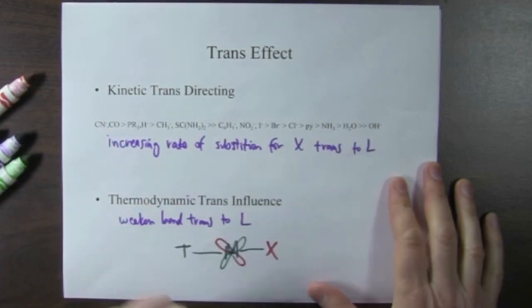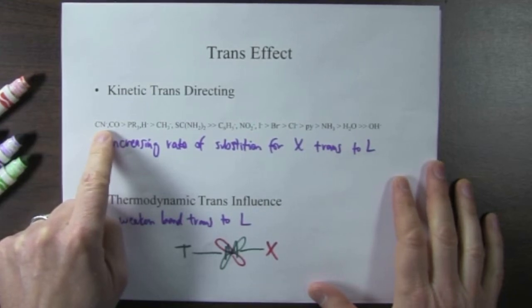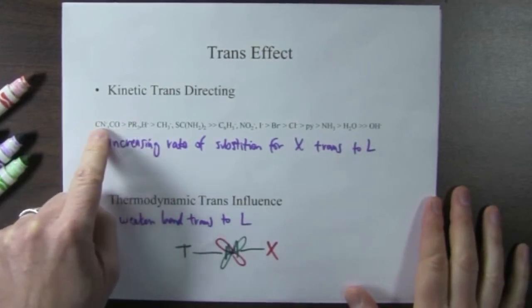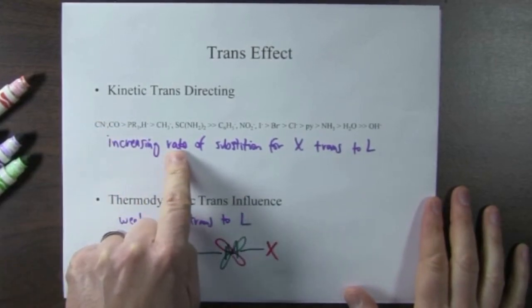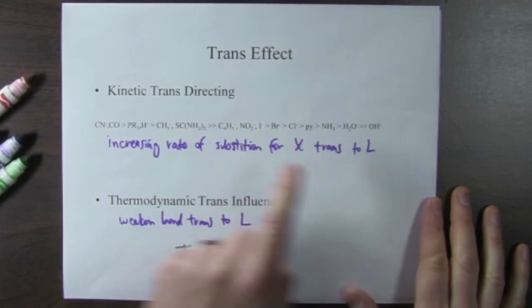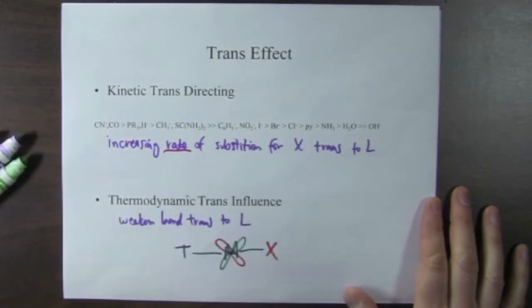This series indicates that ligands on the left of this series, which should look familiar, very similar to the spectrochemical series, will increase the rate of substitution for the leaving group if it's trans to said ligand. So this is a kinetic effect.